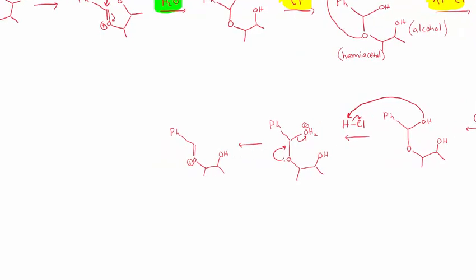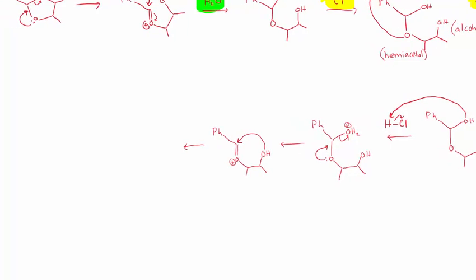This carbonyl pi bond that we've generated is highly reactive as an electrophile because the oxygen has a plus charge on it. So it is an electrophilic site for the cyclization step. This alcohol that's just been hanging out along for the ride here comes in and cyclizes. That neutralizes the oxygen plus charge down at the bottom.